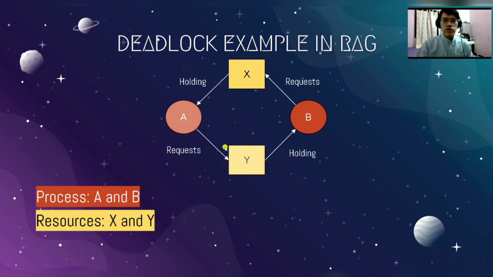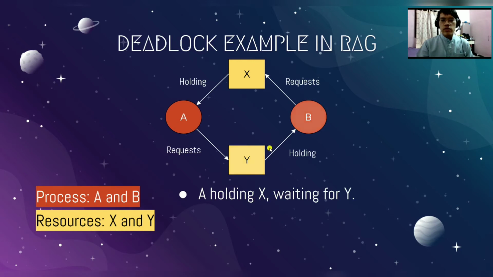And for the next one, you can see that an arrow has been pointed from A to Y, which means A is requesting Y. Okay? A is holding X, also waiting for Y.